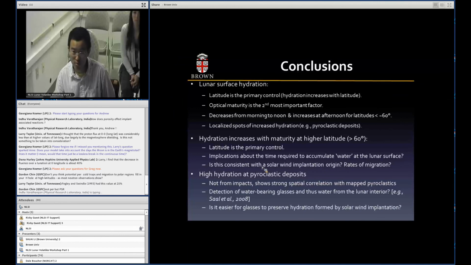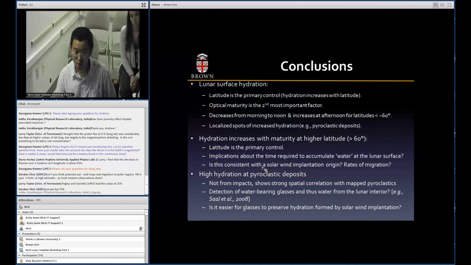And also the hydration increases with the maturity at a higher latitude, larger than 60, because the latitude is the primary control. And this maybe implies that it needs time to accumulate the water at the higher latitude. And maybe we are not sure whether this is consistent with the solar wind implantation origin, and also this can imply the rates of migration.